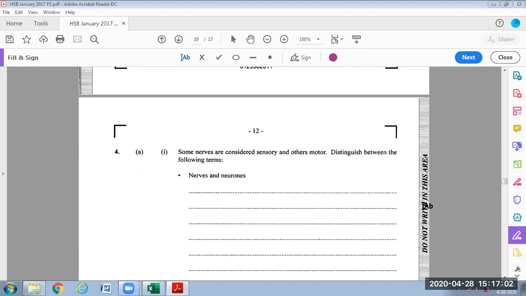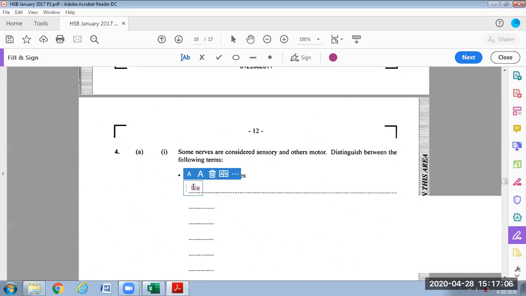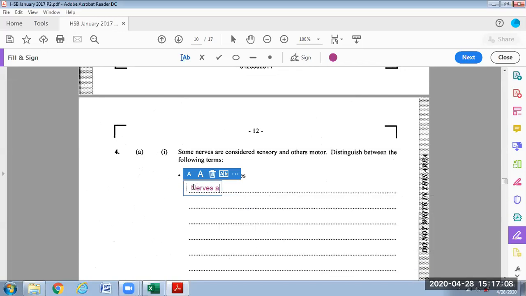Distinguish between the following terms, nerves and neurons. All right, so nerves are cells, whereas neurons are nerve tissue made up of nerve cells. That's the difference.